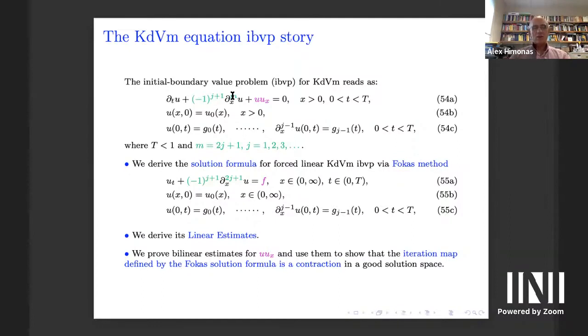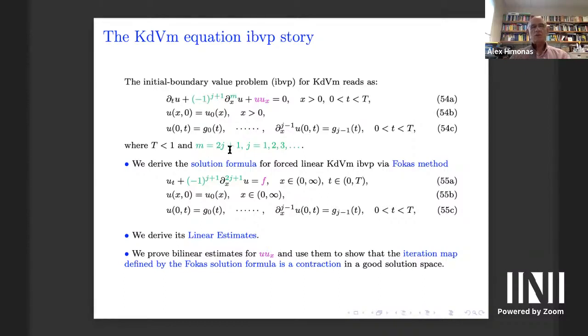We had the talk yesterday, I think, where there was a Kawahara equation with an alpha term here. The alpha here is 1, and there is a minus sign here, just to have the same Bourgain spaces. There is no difference. You could ignore this thing here.